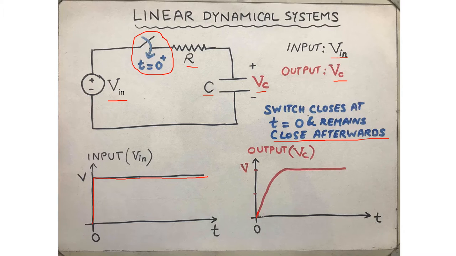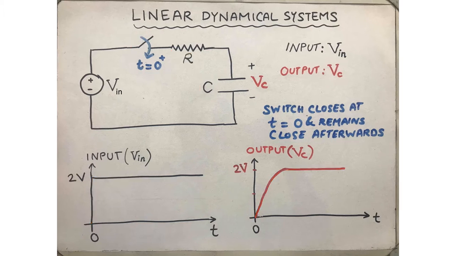Instead, the voltage is going to build up gradually, and eventually it will approach the value that equals V, the input voltage. How long we need to wait till the voltage rises to the value V depends upon the value of resistance and capacitance when put together in the form of the time constant.